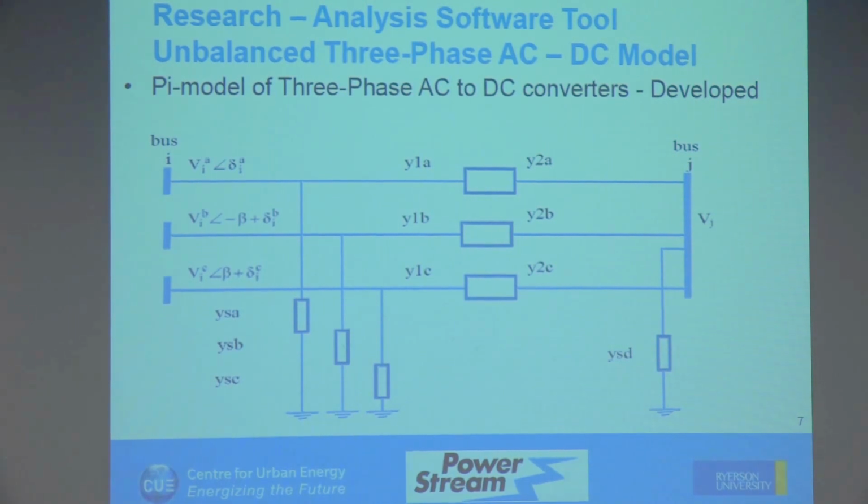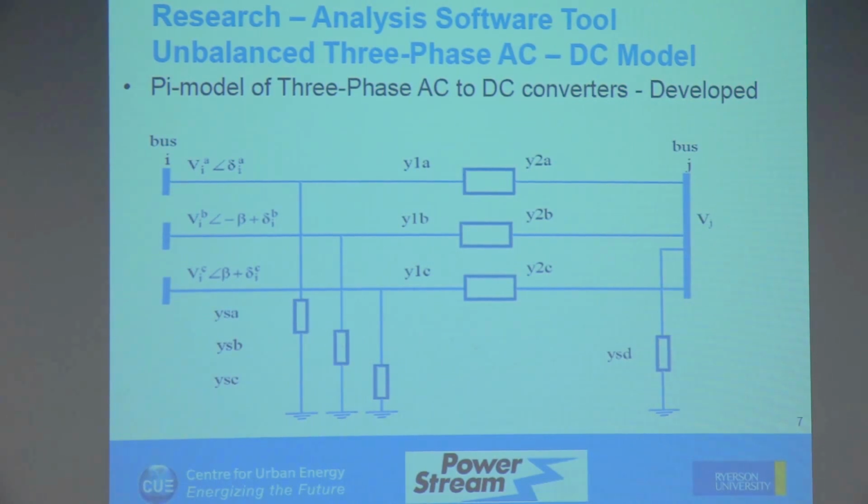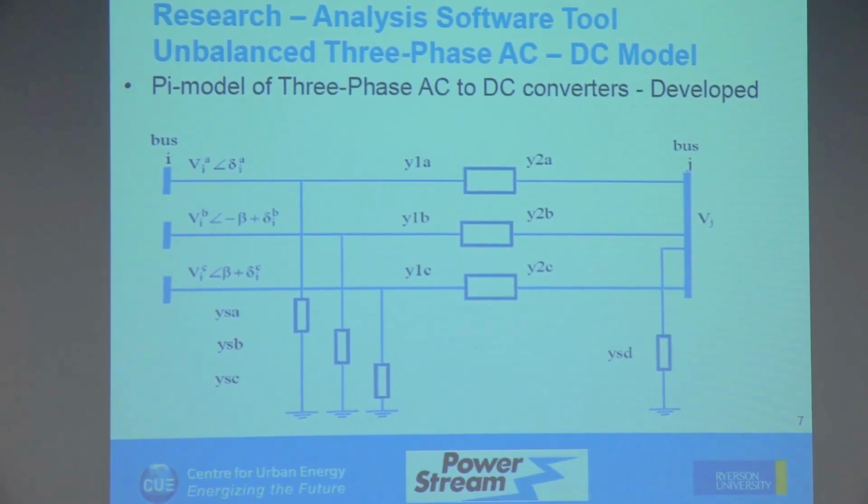There are two types of converters, and one is where you can set the conversion values, which is what the voltage conversion value is, and so on. We have assumed that we will be able to set the conversion value of those AC-DC converters, and that gives us the ability to freeze this into a pi model.